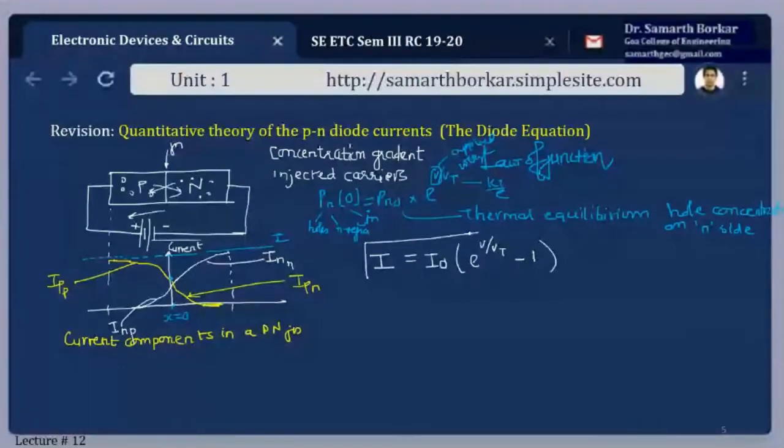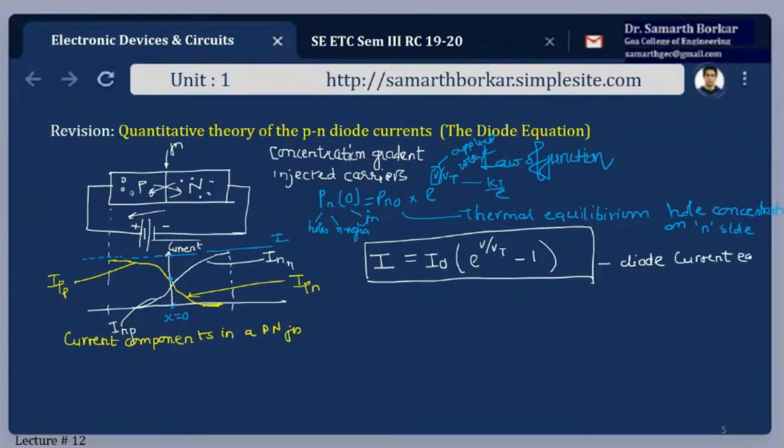This is the all important equation, also referred to as the diode current equation, meaning the current through the diode is given by this expression, where I naught is a constant to a certain extent. It is A into e into the diffusion coefficient for holes Dh into Pno, the concentration of holes in the N region at equilibrium, divided by Lh. And what was Lh? It was the diffusion length for holes.